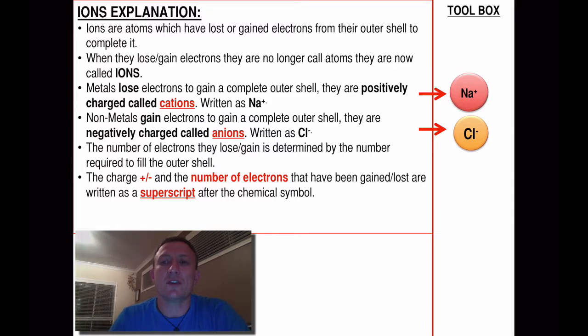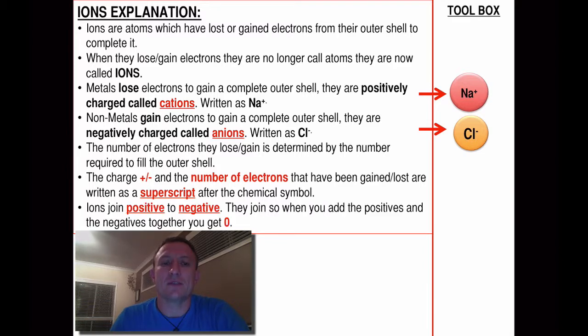Sodium just has a single plus, meaning it's lost one electron. Chlorine, however, has gained one electron. This means it's Cl-. Basically what we find with ions is that the ions join positive to negative until they have a complete ionic charge of 0.